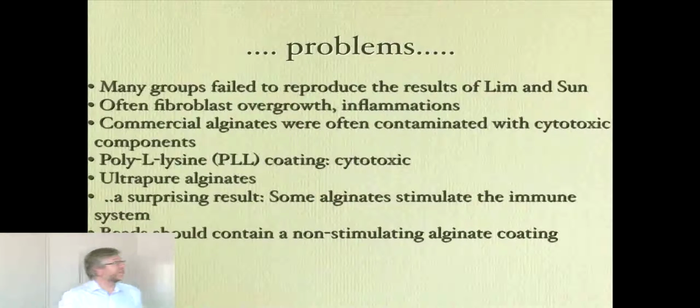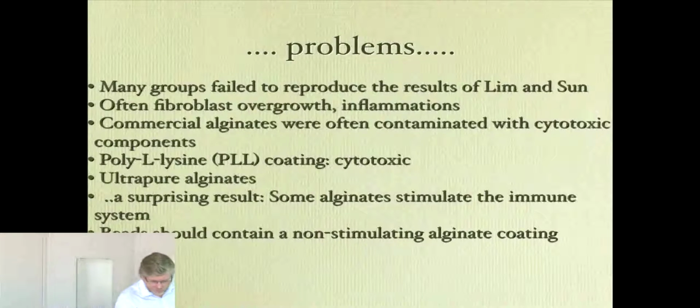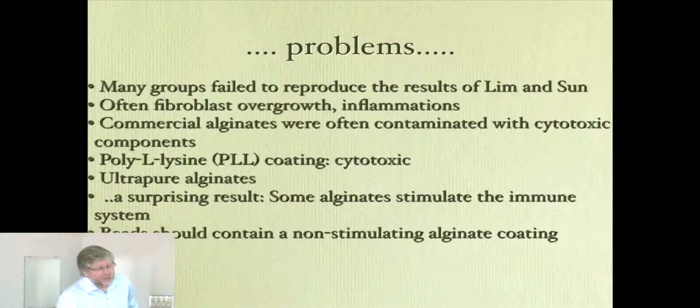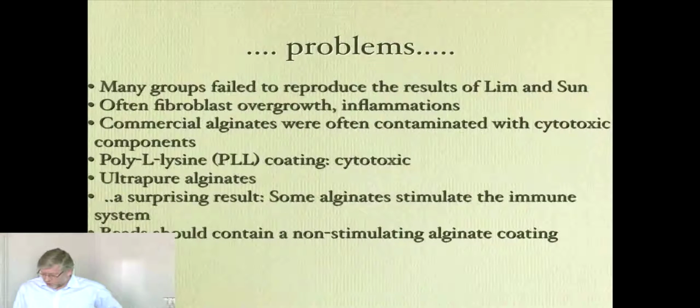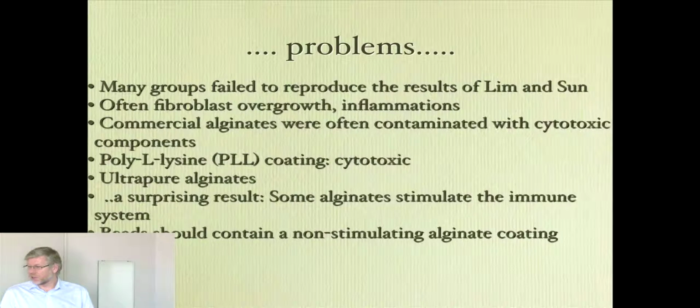Often the beads, when implanted into animals, experienced fibroblast overgrowth because they were recognized as something foreign, and also sometimes inflammations occurred. It turned out that commercial alginate, for instance from Sigma or from some other major supplier, was contaminated with cytotoxic components.